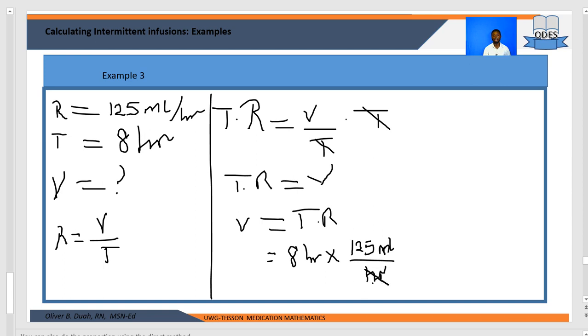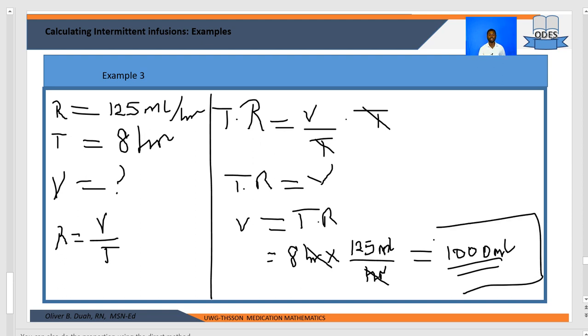And so hour will cancel hour, and we will multiply 8 by 125. And that will give us 1,000. So this means that the patient or the client is going to receive the whole 1000 cc bag in 8 hours. That will be our final answer.